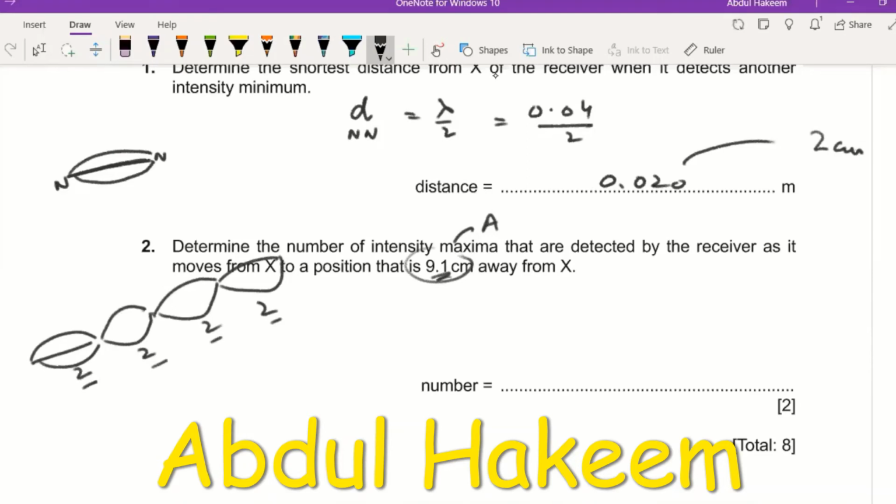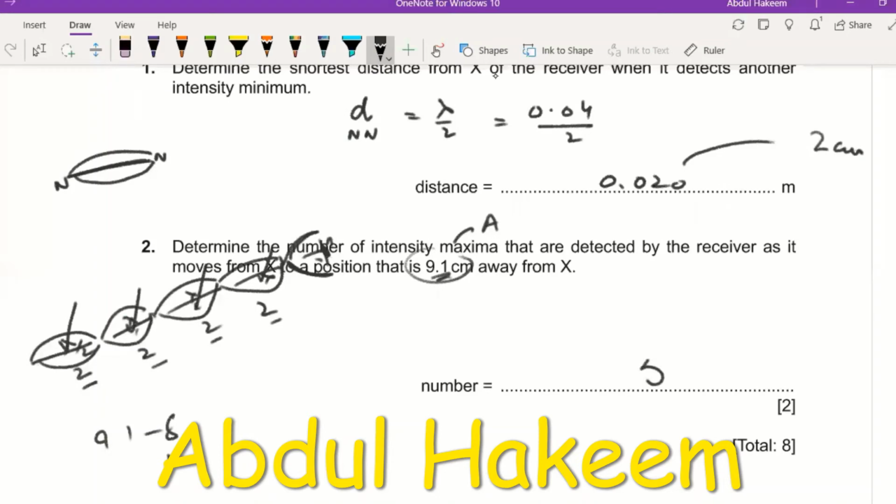And then 1.1 remaining, 9.1 minus 8. So 1.1 mean more than half of the loop. So this is lambda by 2, this is lambda by 2, this is lambda by 2, this is lambda by 2, but here will be antinode, lambda by 4. So first antinode at this middle, second, third, fourth, and the fifth.